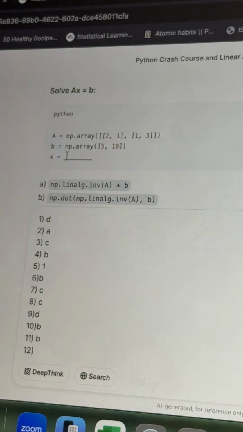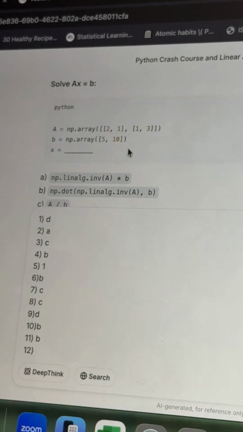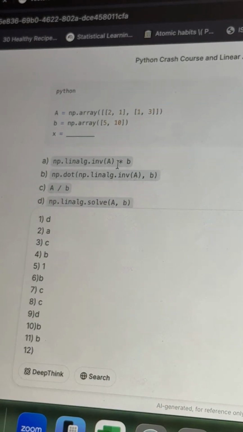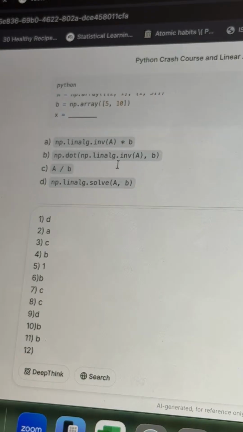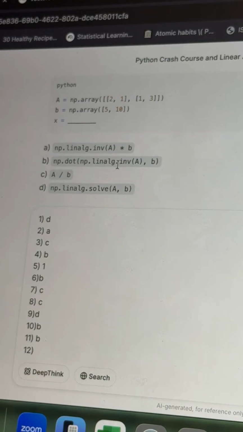So x would equal the inverse of a times b, which, let's see, would not be this one. This is too straightforward. That's just what you'd imagine if you had no idea what this was. It had to be the inverse. Yes, yes, yes. So it's inverse.